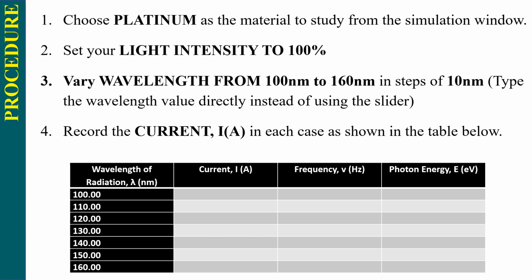Number 3, now vary the wavelength from 100 nanometer to 160 nanometer in steps of 10 nanometer. That is, from 100 nanometer you move to 110 nanometer, and on and on till you get to 160 nanometer, as can be seen in the table on the screen. Then the value of the current in each case is also measured and recorded in ampere.